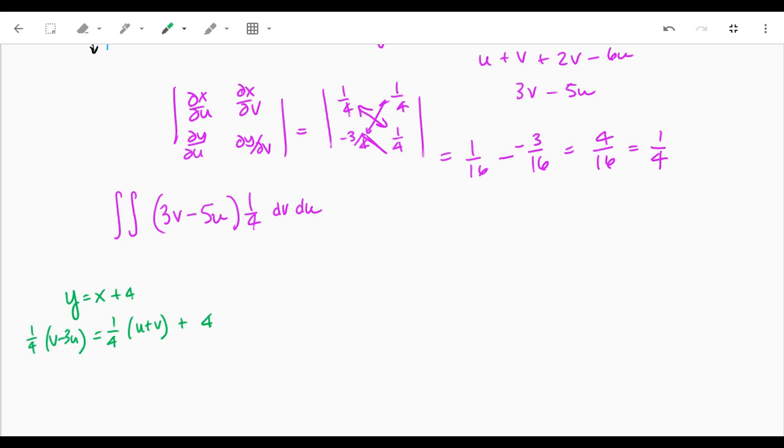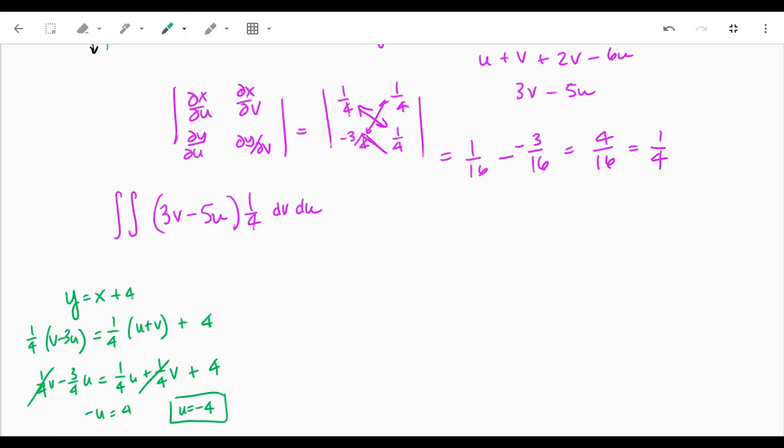When we expand that out, it looks messy, but we're going to have 1/4 v minus 3/4 u equals 1/4 u plus 1/4 v plus 4. The 1/4 v's cancel out, and we have negative u equals 4. So u is -4. We should expect that because we knew it was supposed to be a rectangle, so these are all going to work out to just be a constant like that.